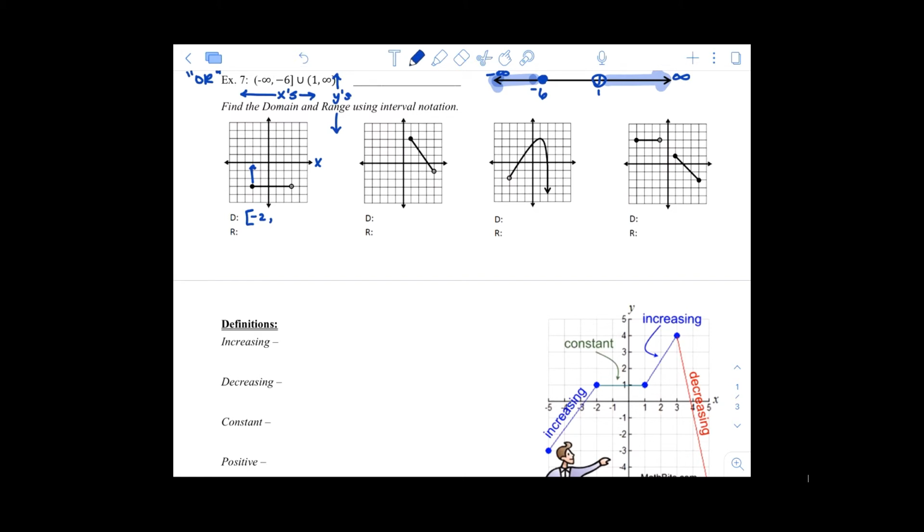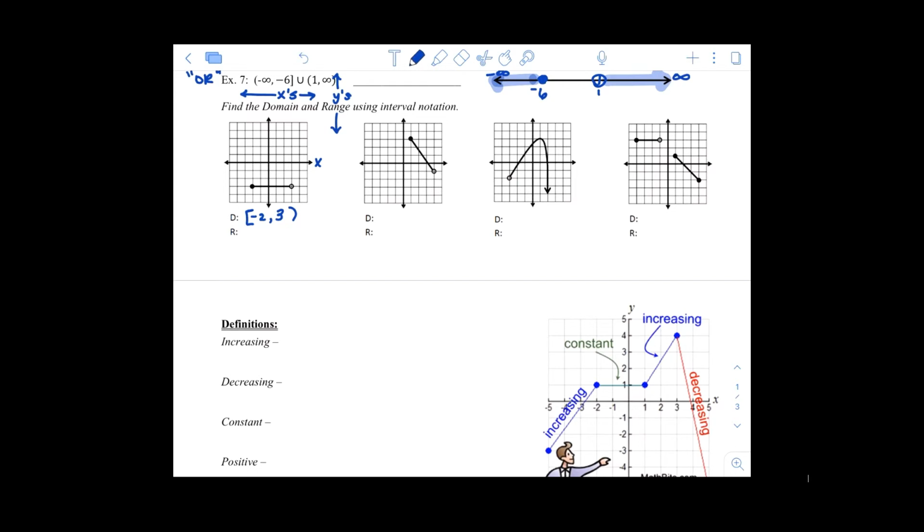Our domain ends right here at the open circle, which would imply a parentheses, and that value is at +3. So the domain is -2 with a bracket, comma, +3 with a parentheses. All of the x's, the domain, is everything caught in between those two values.